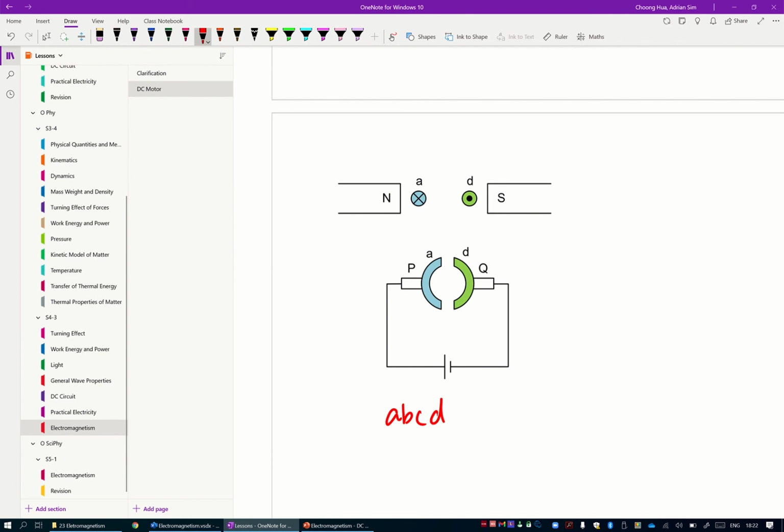So you realize that for every 180-degree rotation, the direction of current changes, right? So therefore, the purpose of this split ring is that for every 180-degree rotation, it keeps the current near each pole of the magnet flowing in the same direction.